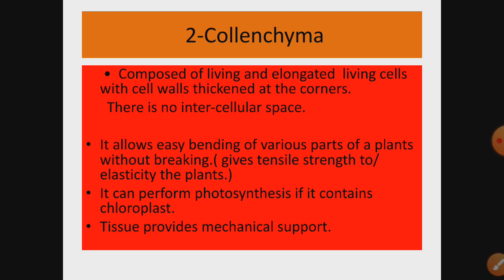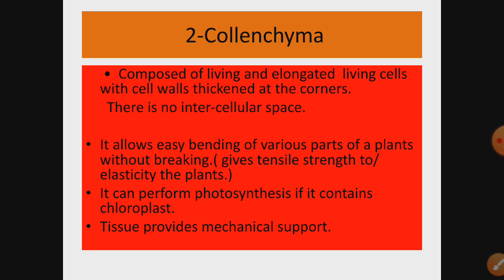We have got three simple permanent tissues: parenchyma, collenchyma and sclerenchyma. Later on some questions come to give the comparative study of the three of them. So we are comparing how they are different, how they are similar to each other. So in this way, while studying, always have your imagination strong and keep comparing them.